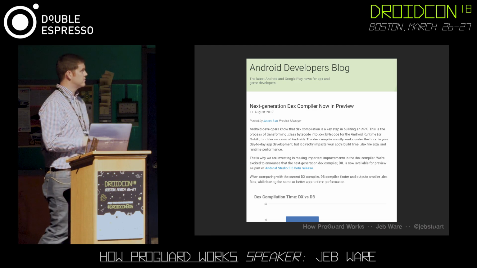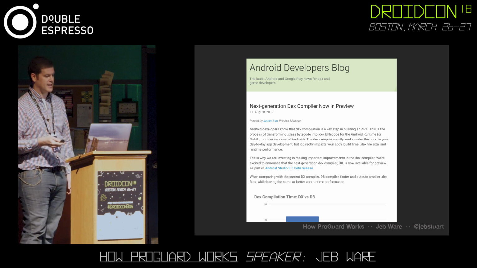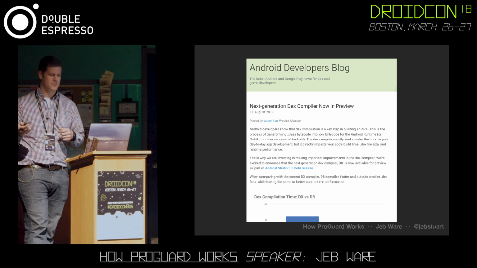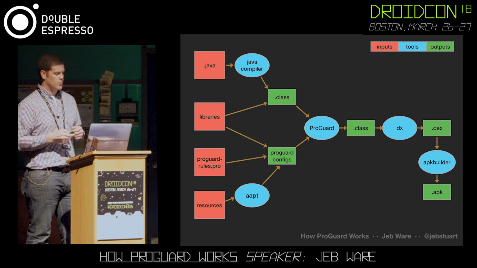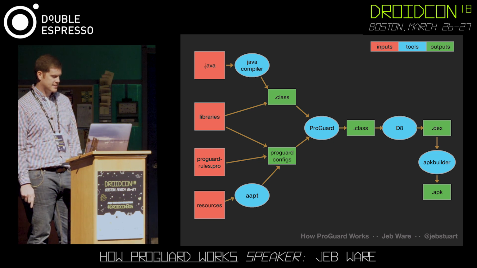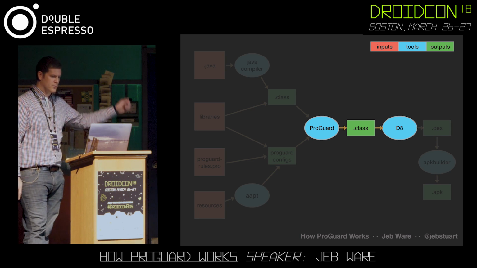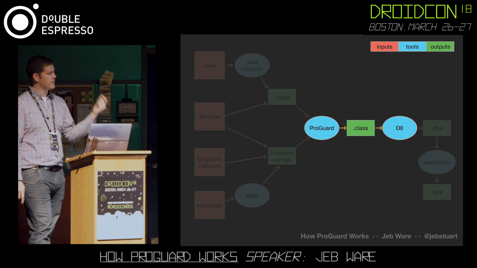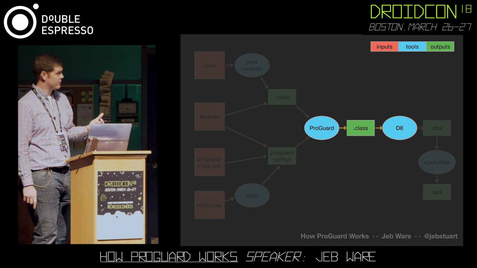Last fall, the Android developer blog announced that there are some tool replacements coming out. DX is getting replaced by D8. D8 became available in Android Gradle plugin version 3.0.